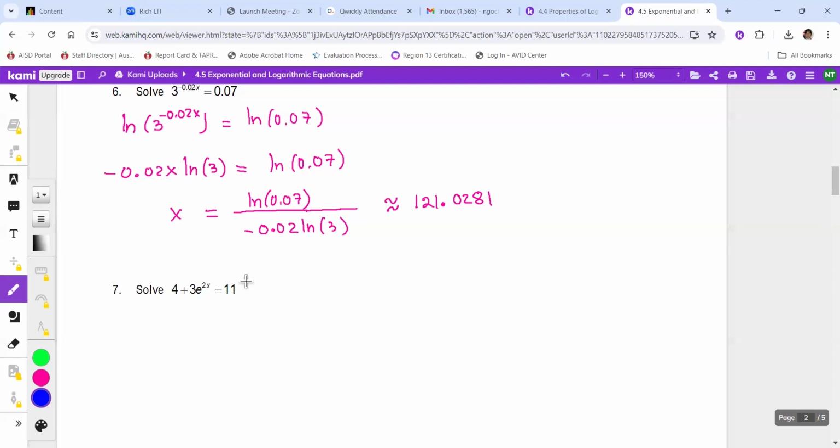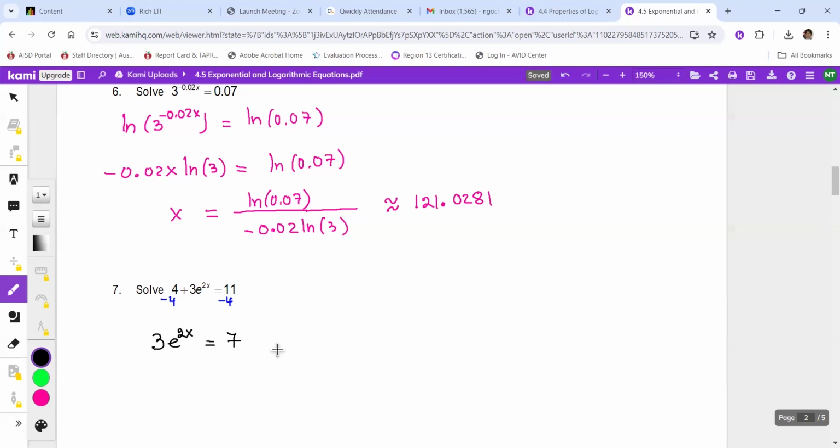So on the left-hand side, we can go ahead and subtract 4 from both sides. After we subtract 4, we are left with 3 times e to the power of 2x equals 7.